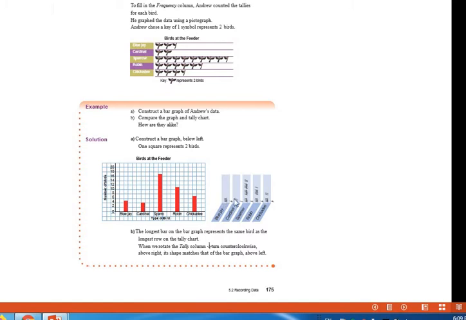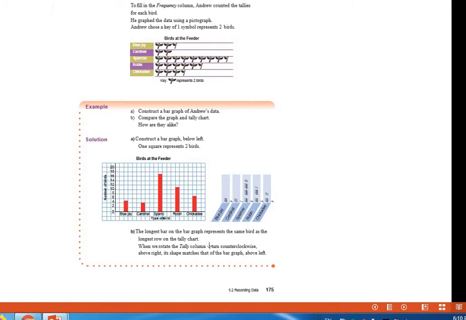The tally chart I have here, when I compare, it's the same. So what did you recognize? That all the charts I have done now give me the same data, the same information. So the graphs help me in math to interpret the data, to represent the data and understand what's happening with these data.